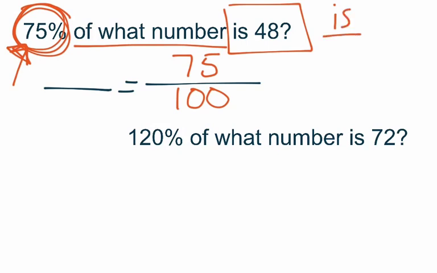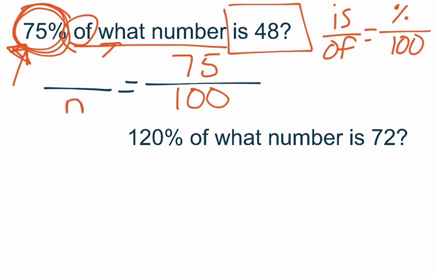Still remembering that is part of the whole equals the percent over 100. So next, they say of what number, what makes it the unknown, so of what number is our unknown, is 48. So we can solve this either horizontally, vertically, or with cross products.